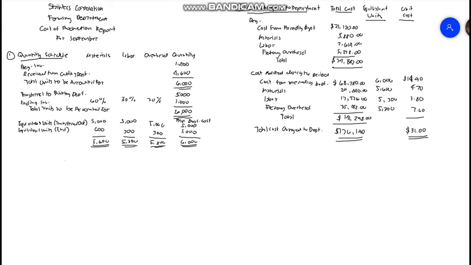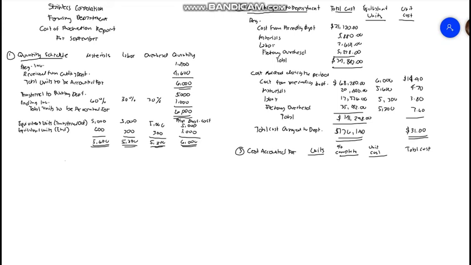Now let's proceed to the third part, which is the cost accounted for. Our heading for this one is, of course, the units, percent of completion, unit cost, and total cost.